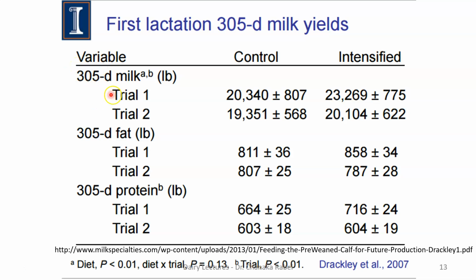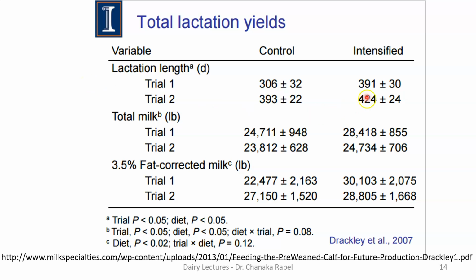But in reality, you don't have such a thing. Cows don't get dried off exactly on 305 days, right? It depends on other factors. The majority of cows don't, right? There might be a few ones. But generally, this is only a theoretical calculation you do. In reality, cows will lactate for 280 days, 390 days, 350 days, 320 days.